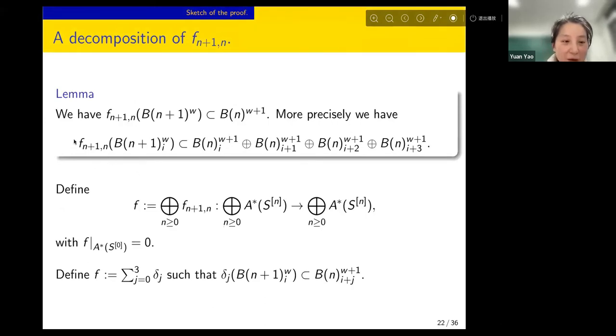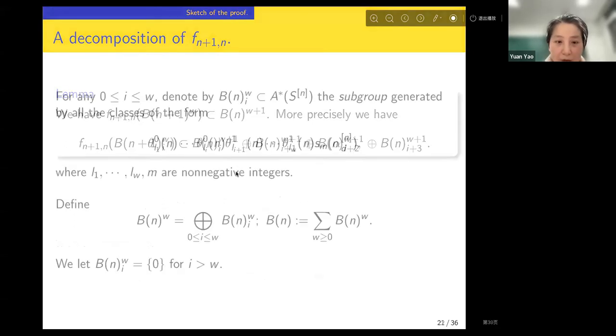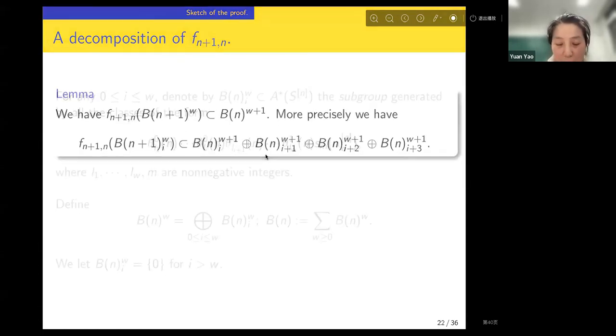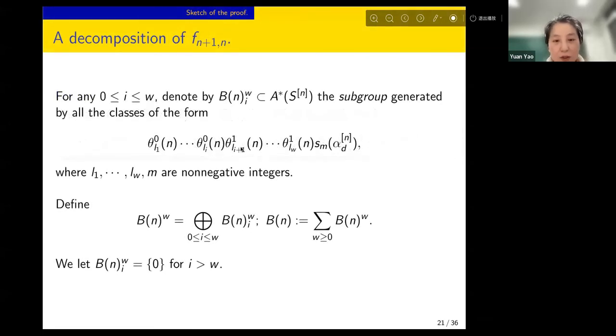Now we get back to our F. Recall that F is defined by pullback and then pushforward. We show that you have this relation, you only get theta 0 and theta 1 involved, no theta 2, theta upper 2. Once you apply F one time, you increase the number of all the thetas. You may increase theta 0, or you may increase theta 1, and it's also possible that you erase two thetas.